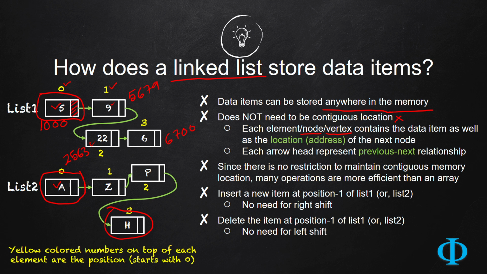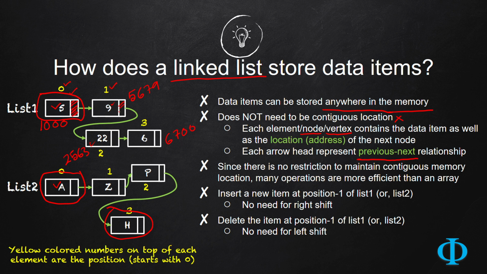So what that means is that each node in a linked list shares a previous-next kind of relationship. For example, the first node contains the memory address of the next node.